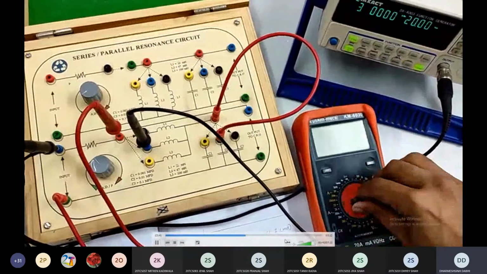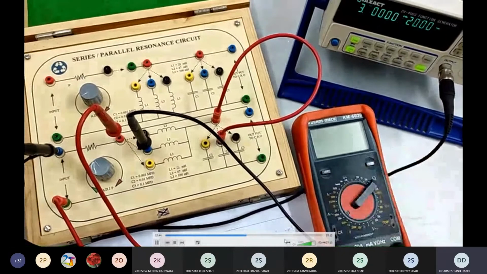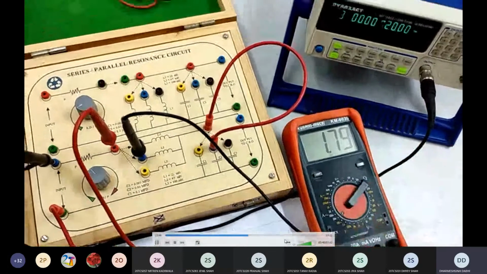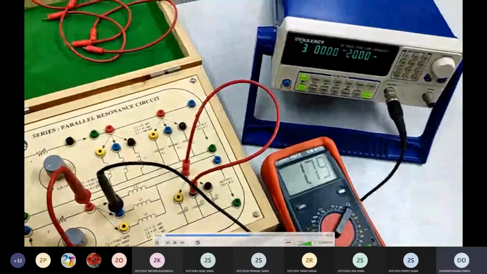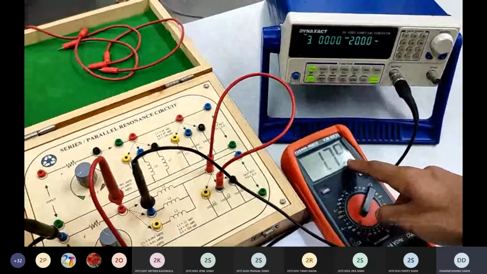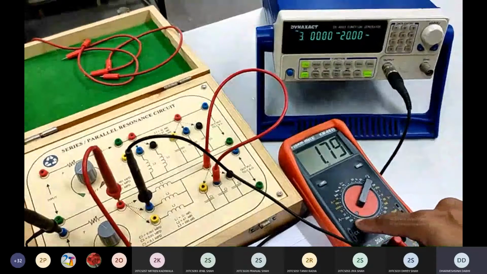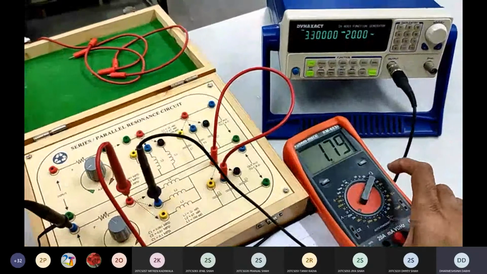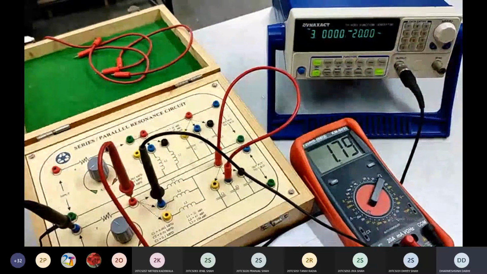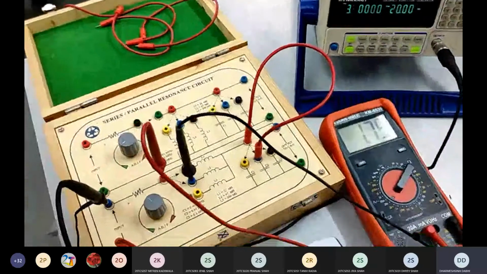Clear? So let's see the value of current we measure in series with this circuit. It gives a current of 1.79 milliampere. Here we set the current in milliampere form. For the 3.3 kilohertz input, we get a current of 1.79 milliampere.